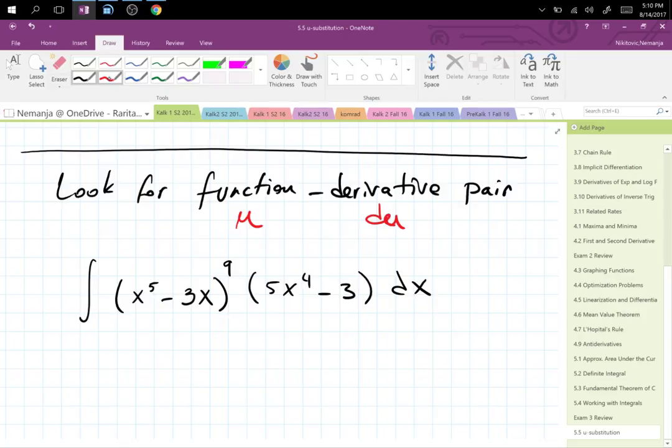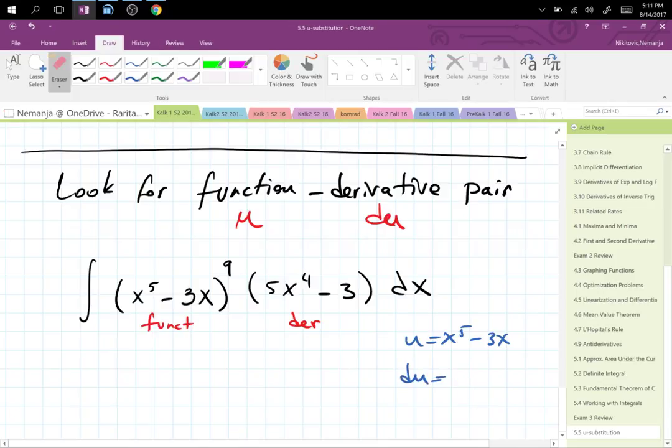Hopefully you see that this part is the function and this is the derivative of it. If you're able to pick that quickly, you immediately know that u is x to the 5 minus 3x, and the du is what? 5x to the 4 minus 3 dx. Now in parentheses, obviously, because dx multiplies both.